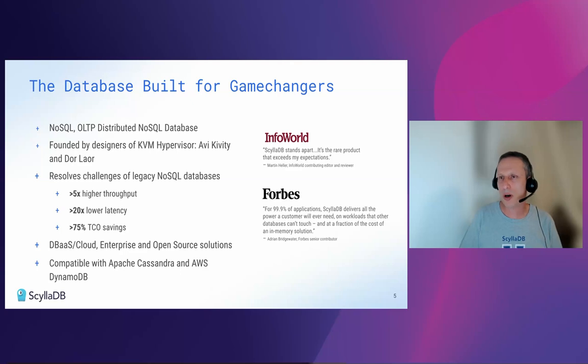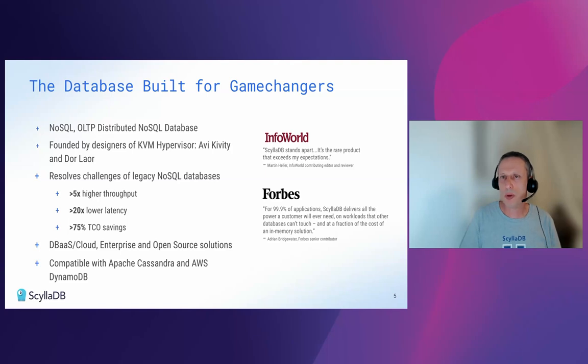ScyllaDB comes in two variants, ScyllaDB Cloud and ScyllaDB Core, or ScyllaDB Enterprise. The latter, you can download and deploy yourself, either on the cloud or on-prem. The former, Scylla Cloud, is the main way people use Scylla today. It's a fully managed solution. You can run it either in Scylla's account or even in your own account. And as I mentioned, this is the most popular way people consume Scylla these days.